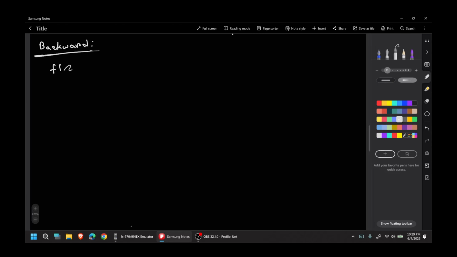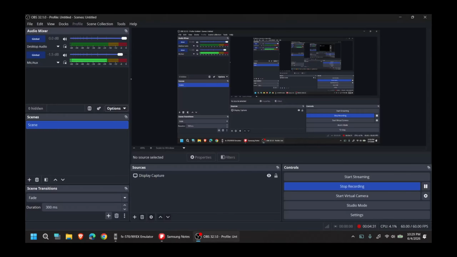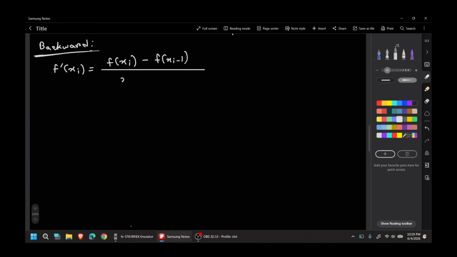Now the backward. The formula is f prime xi equals f of xi minus f of xi minus 1 divided by xi minus xi minus 1. We know that xi is 3 and h is 0.1.